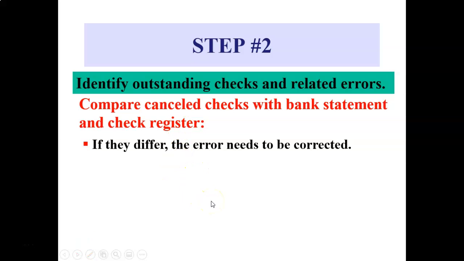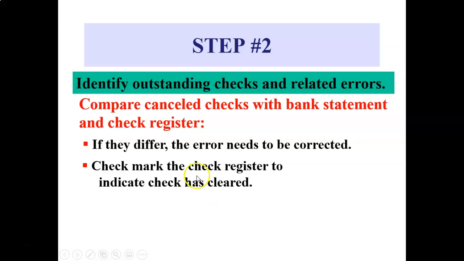Okay. Now we're going to go through the check register to look at all the checks, and we're going to put a check mark next to each one to see if they cleared. Now, if we have accounting software, it will do a bank rec for you, but you still have to do this.